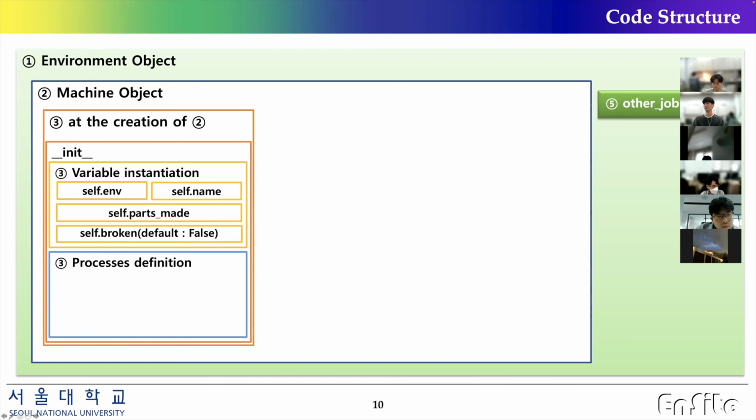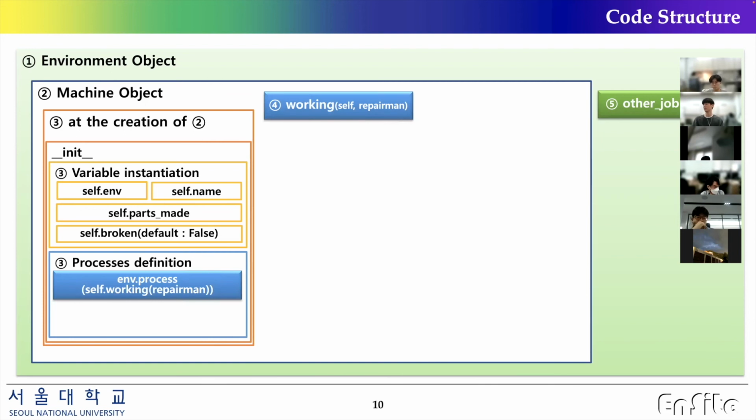And also this broken variable is very important in this example, because by using this broken variable, the machine class and other jobs, the repairman, is able to handle the very complex situation.